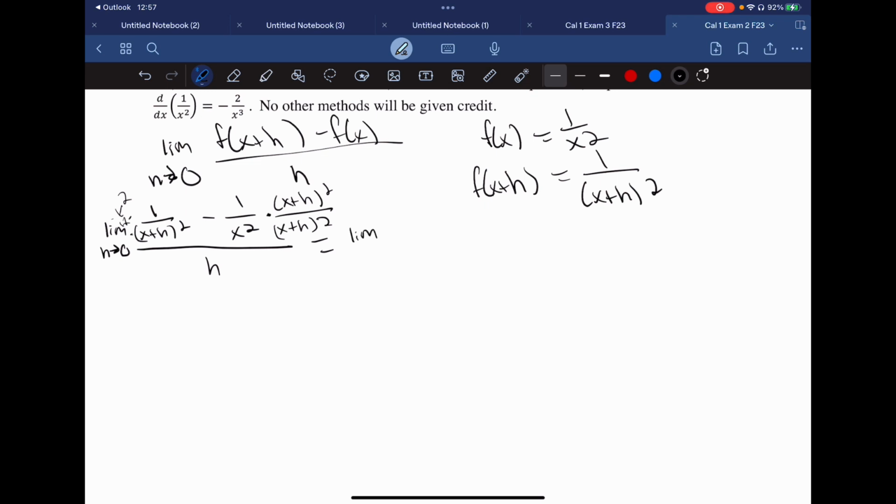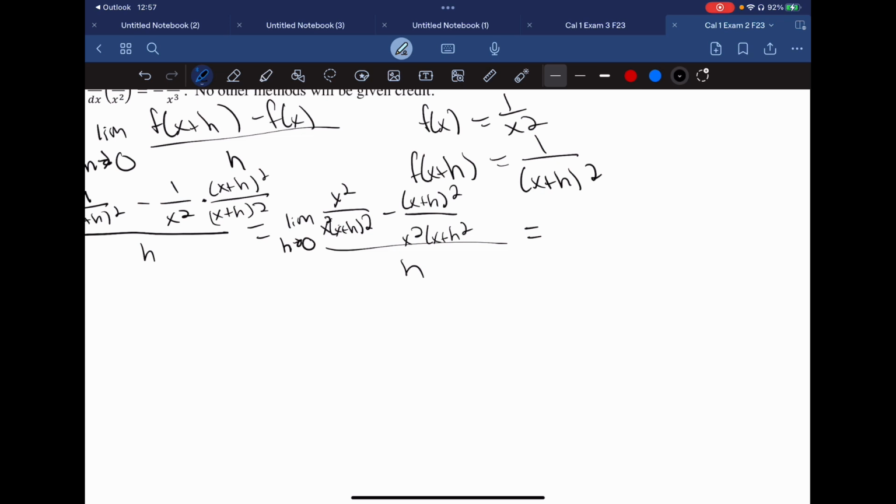So that's going to be the limit as h approaches 0 of x squared over x squared times x plus h squared, minus x plus h squared over x squared times x plus h squared. And this is again going to be all over h, right?